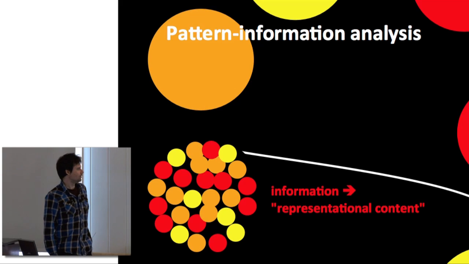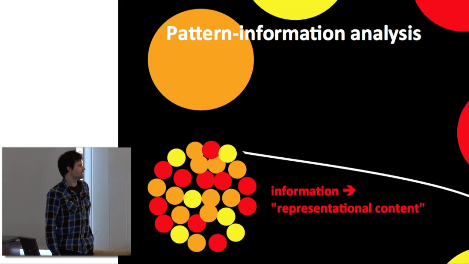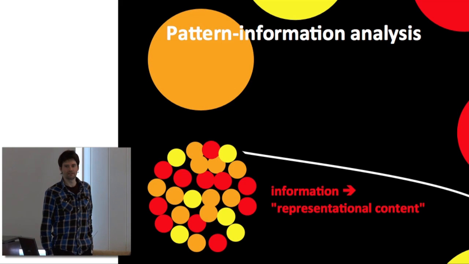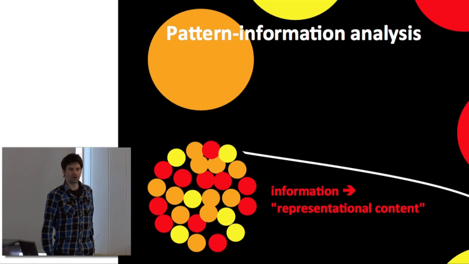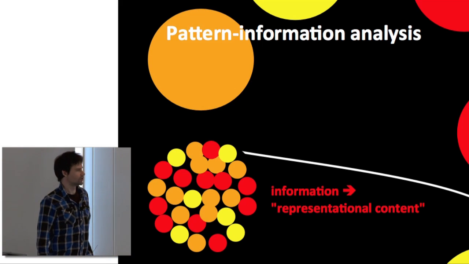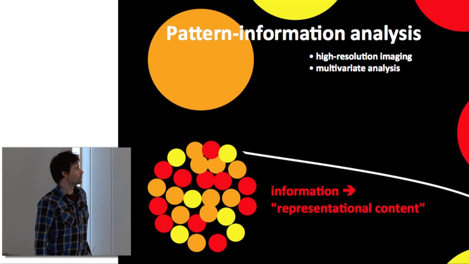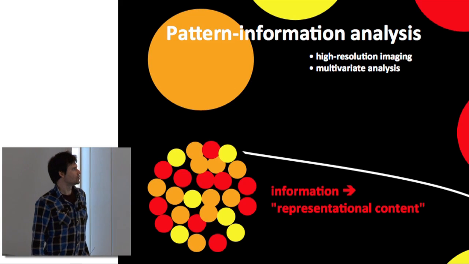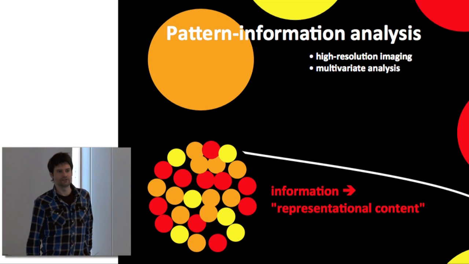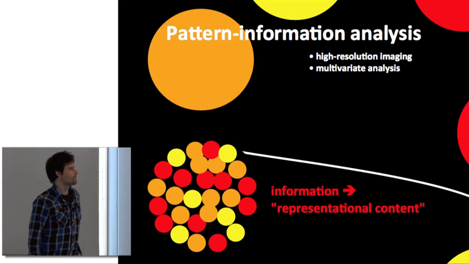The rationale of this approach is that the information in those patterns indicates the representational content. Of course, that's an interpretation and somewhat problematic, perhaps, but that is the motivation for taking this approach. And this motivates using high-resolution imaging and multivariate analysis on these patterns of activity.